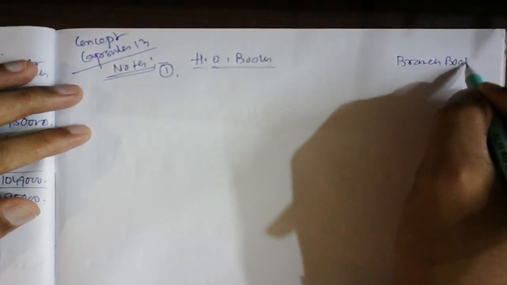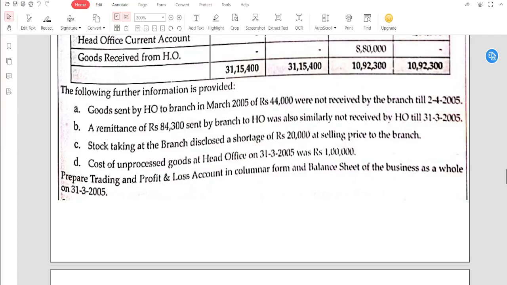So first of all, it is clearly written here that goods sent by the HO to branch in March 2005 of rupees 44,000 were not received by the branch till 24-2005.